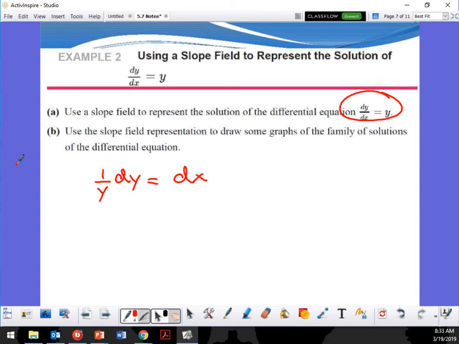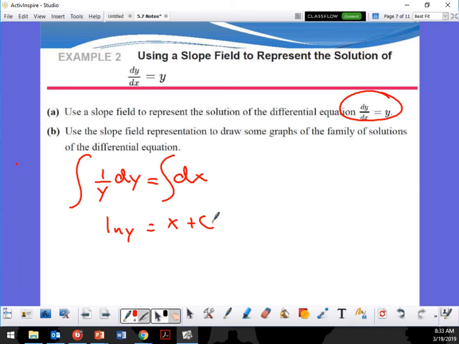And I'm going to show you what that's going to look like. Okay? So, let's take a look. Let's go a little bit further with this. So, integrate. ln y equals x plus c.